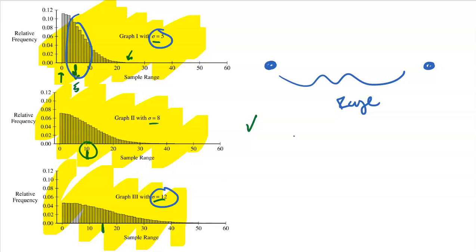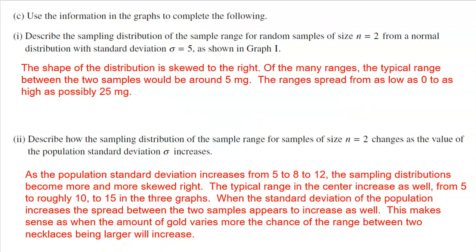So again, hopefully you're really understanding range and how, when the data that those values come from is more spread out, that could easily translate to the range between them possibly being more spread out, which is exactly what these graphs show.